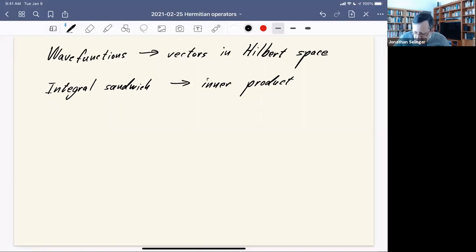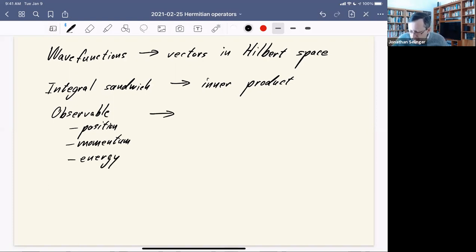And what else? Any observable quantity like position or momentum or energy corresponds to an operator. And in particular, it is a Hermitian operator, which is a term that I defined for you.